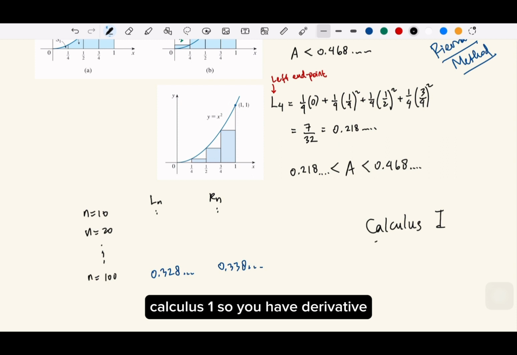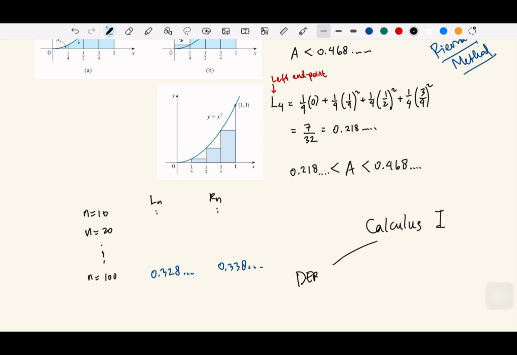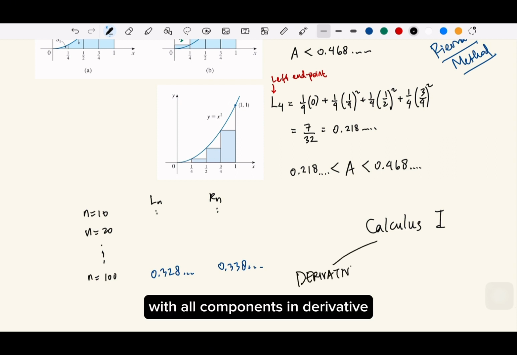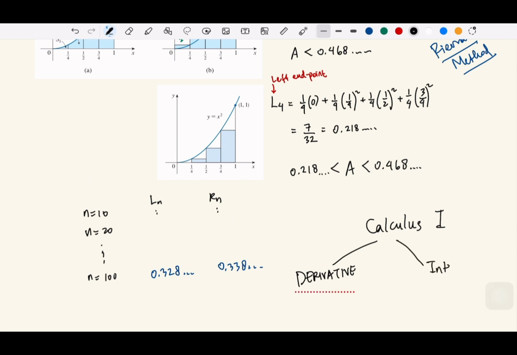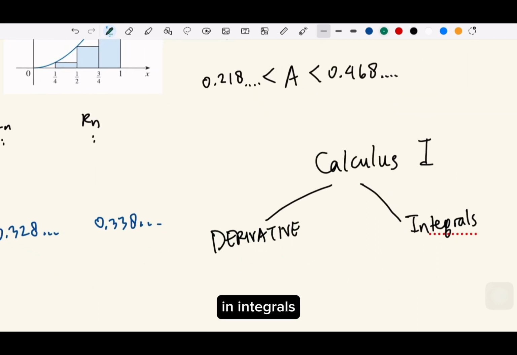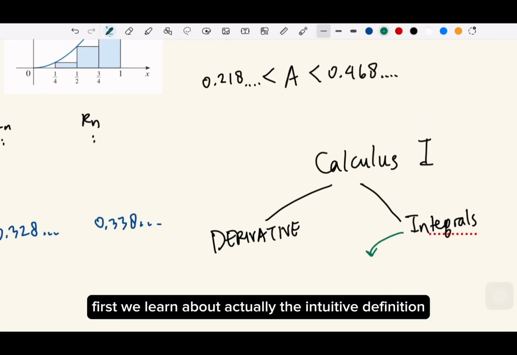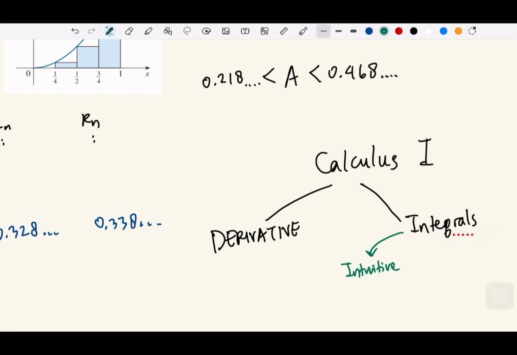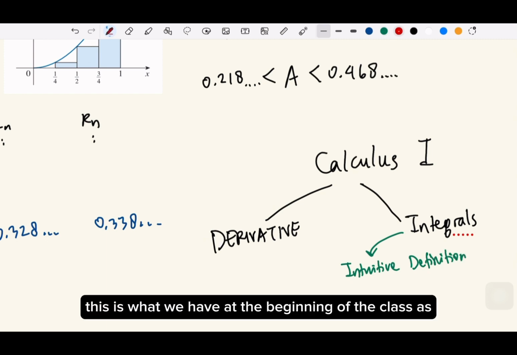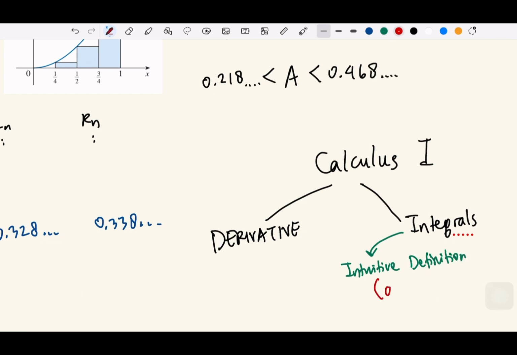You have derivatives with all components in derivative, and you have integrals. In integrals, first we learn the intuitive definition. This is what we had at the beginning of the class as the antiderivative.